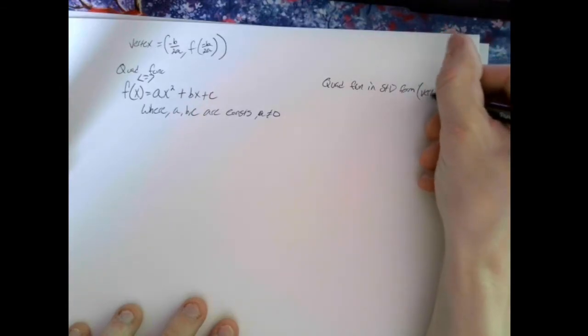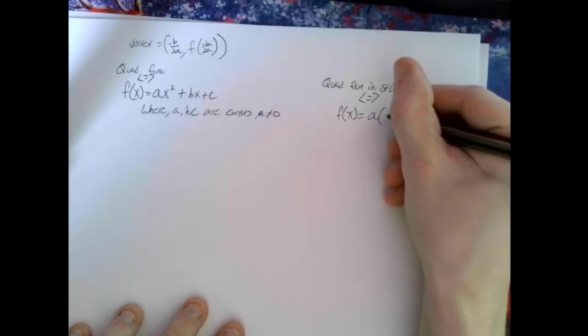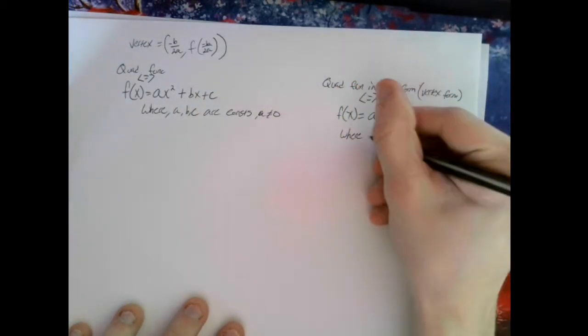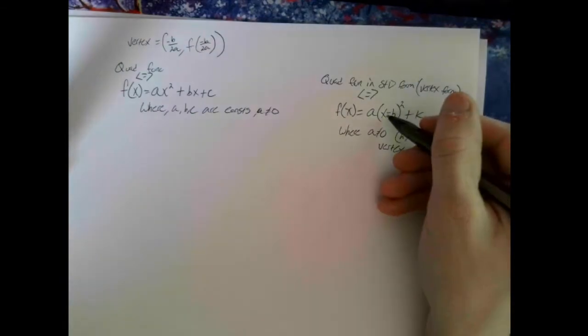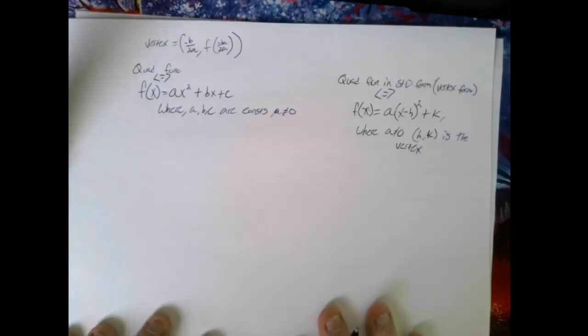That's going to be f of x is equal to a times (x minus h) squared plus k, where a cannot equal 0 again, and h comma k is the vertex. And again, we know x is the independent variable because it's denoted from function notation there.